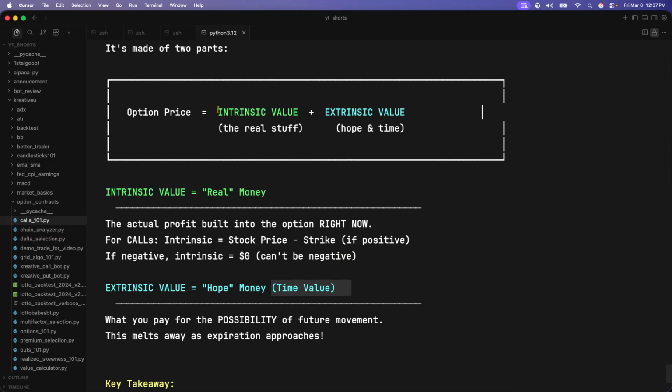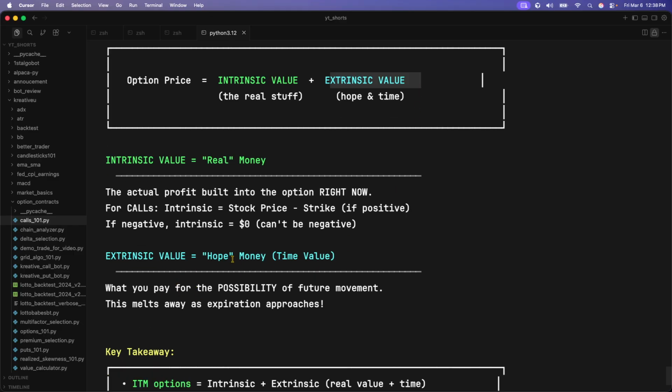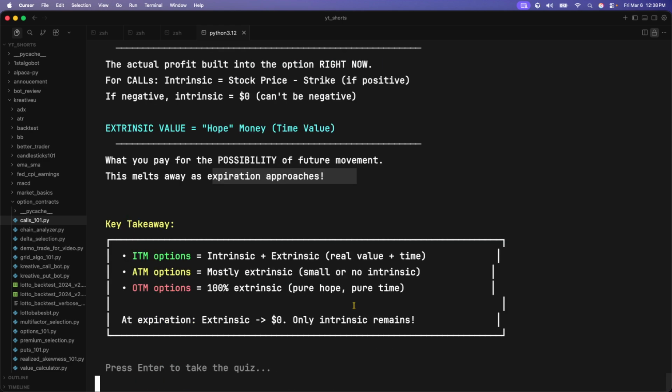Our first thing is going to be our intrinsic value. The intrinsic is going to be the stock price minus the strike price. If it is positive. If it's negative, it goes to 0 because intrinsic cannot be negative. And then our extrinsic value is going to be the hope. You pay for the possibility of future movement. This melts as expiration approaches.